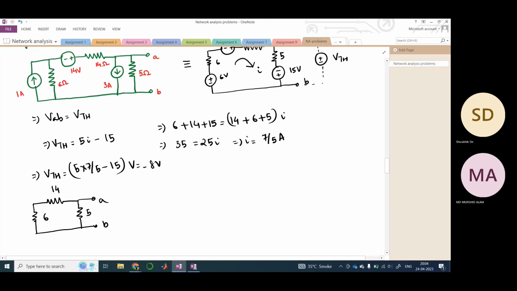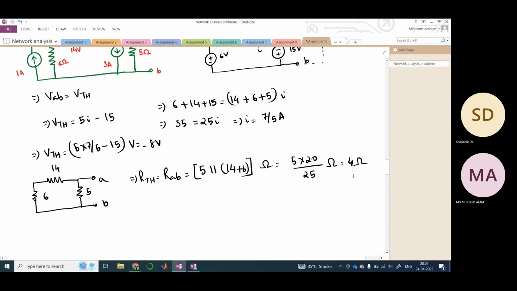Therefore what would be RTH, which is also equal to RAB? It is 5 in parallel to 14 plus 6, right? I hope this is understood, right? A very simple circuit. So this is 25, so this would be equal to 4. Bas, that's it.